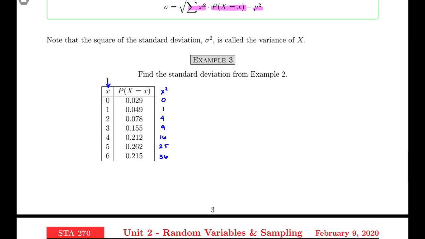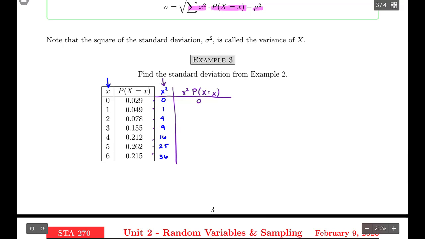Then we're going to create a second column, and that second column will be the x squared values times the respective probabilities. We take everything in our first column and multiply it by its respective probability. The first one is still 0. The second one is 0.049. The third one is 0.312.